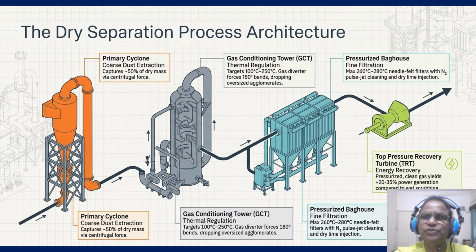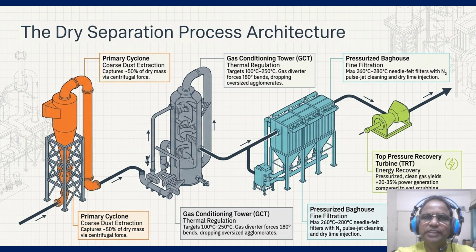The GCT uses baffles to drop out oversize agglomerates, and regulates temperature to a target of 100 to 250 degrees Celsius. This thermal regulation is critical for the pressurized baghouse downstream, which uses needle-felt filters and dry lime injection.